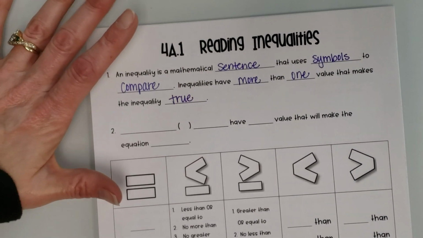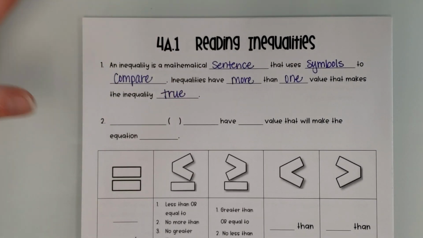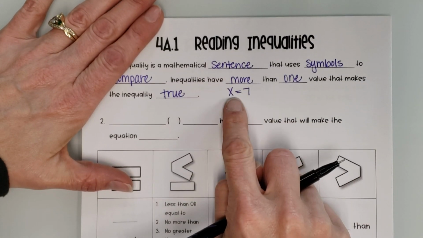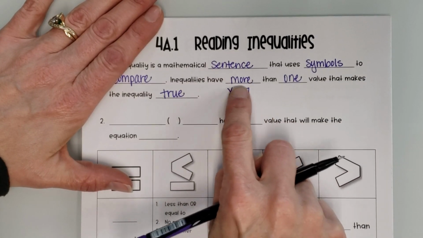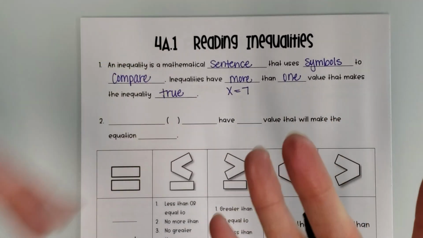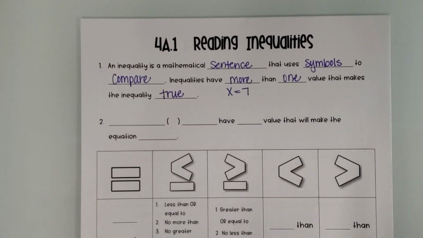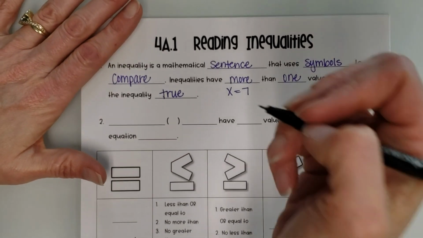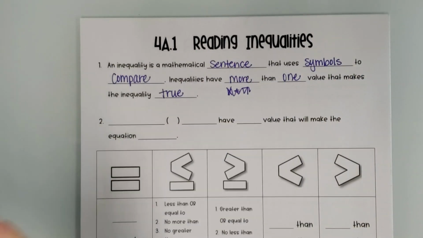So what that means is when we were doing equations, we had something like x equals 7, and only one value made this sentence true. Now we're going to see that there are many more values that make our mathematical statements true.